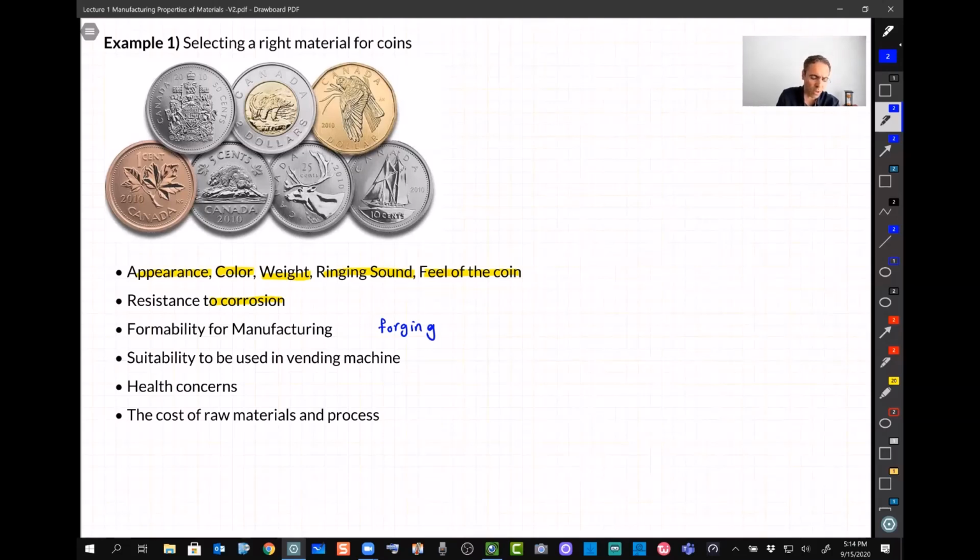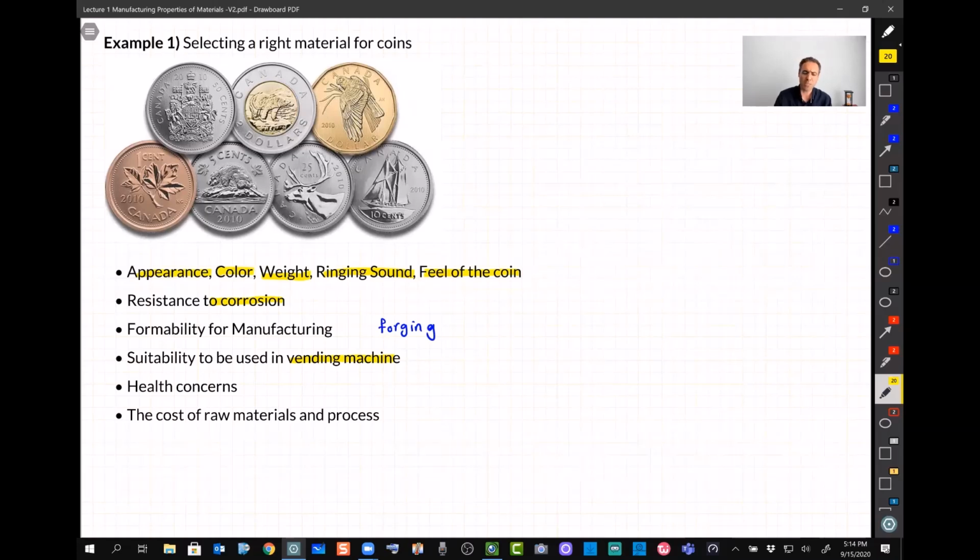And you consider all of these, and then you see other people who are selling vending machines. They say, hey, you cannot pick any material because my vending machine is not going to work properly. If you pick, for example, plastic, people are going to use fake coins.